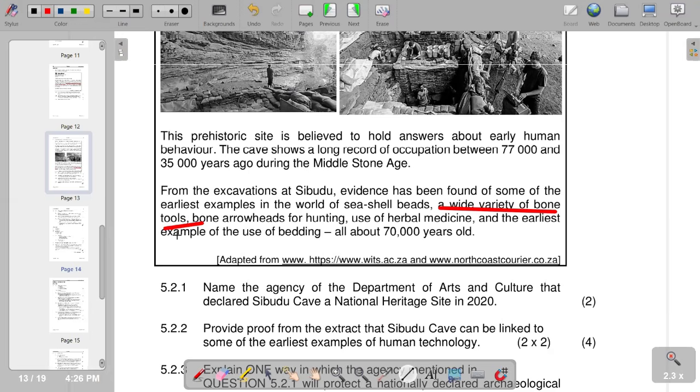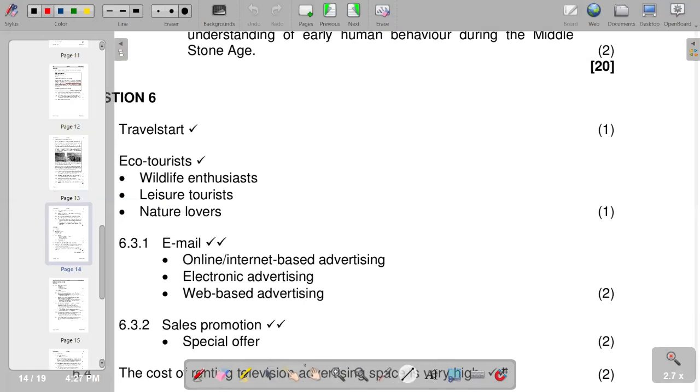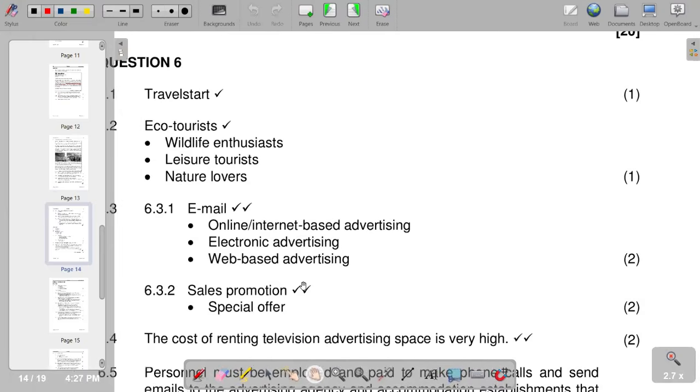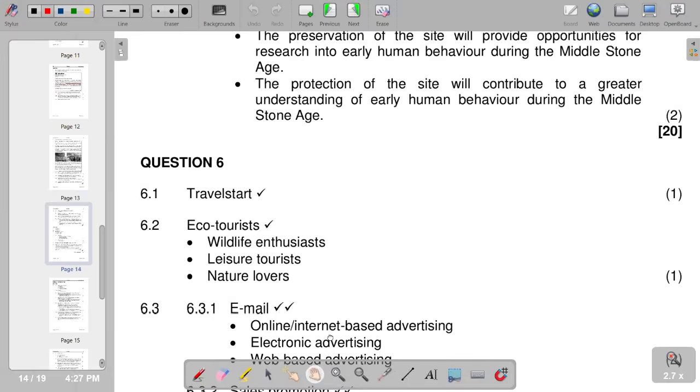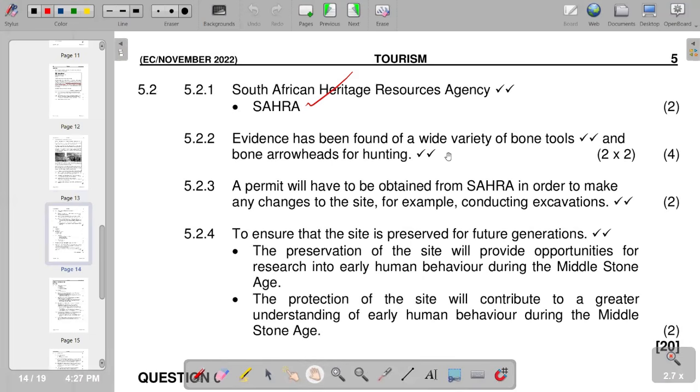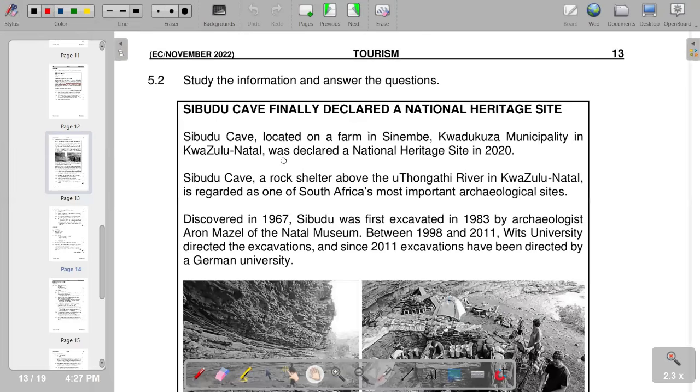So basically that's where we can come up with the evidence. This is exactly stated in the other section, whereby evidence has been found of a wide variety of bone tools and bone arrowheads for hunting. So that's what we have.